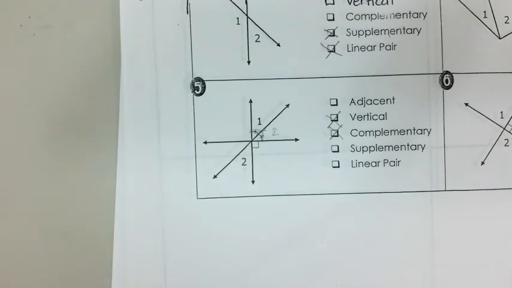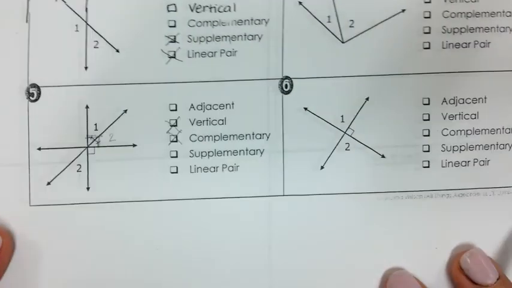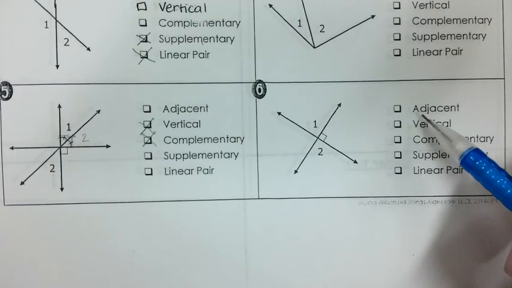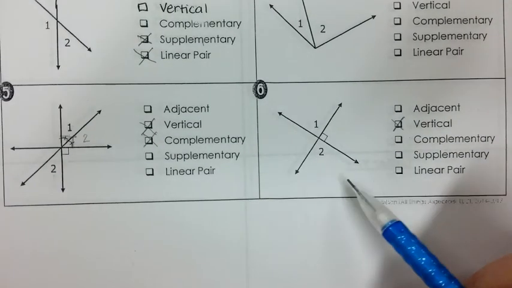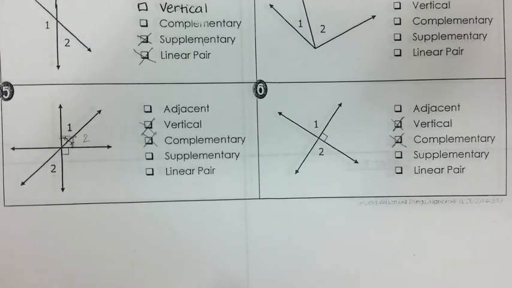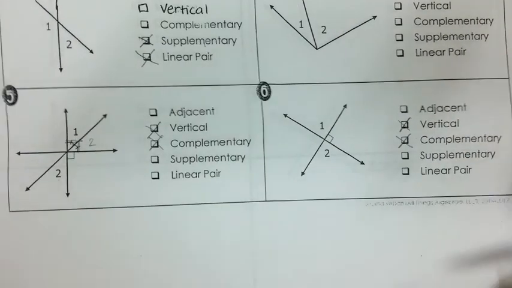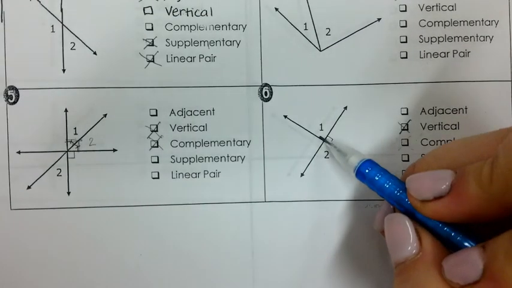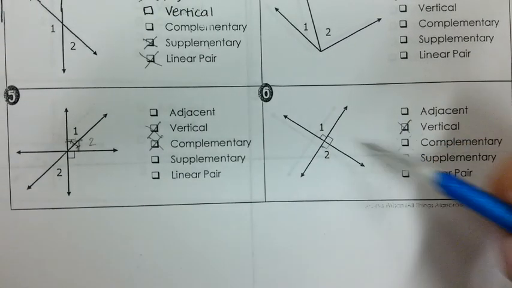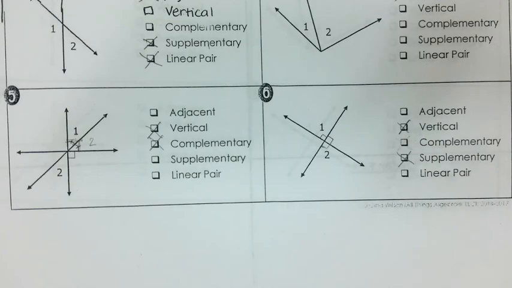Not 180, not a straight line. And the last one over here, these are not next to each other, so they're not adjacent. These are vertical angles. Both of these angles are equal to 90 degrees, and 90 plus 90 is supplementary. They are not a linear pair because they're not adjacent.